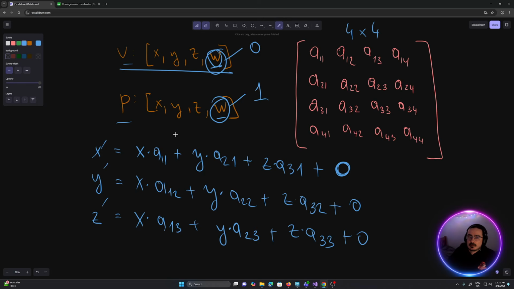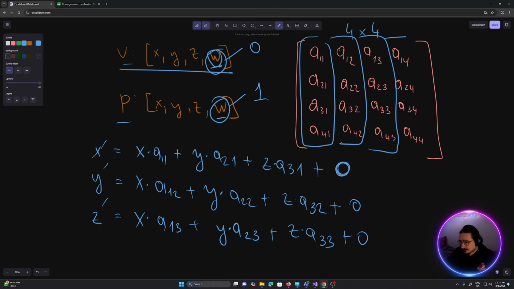And we can see that we do the dot product between our vector and our matrix columns when we multiply vector by matrix.